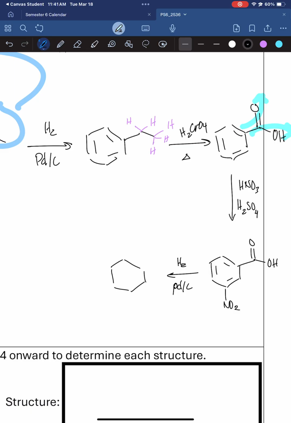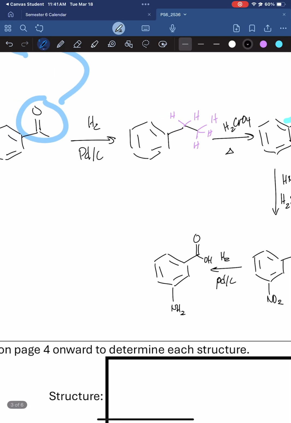This is going to reduce the NO2 into NH2, and this carboxylic acid remains. And now this is going to be our HONO reaction, or NaNO2, HCl, 0 degrees Celsius, and that's going to be our diazonium salt reaction.